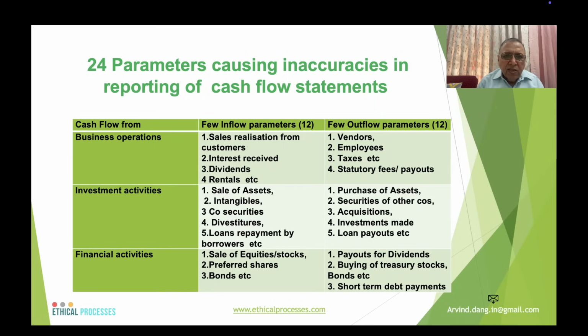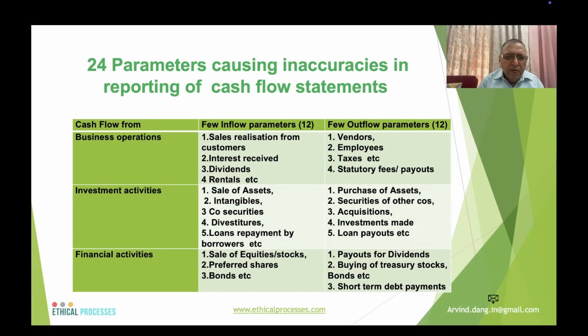The inflow parameters are sales realization from the customers, interest received, dividends received, and rental income, etc. Outflow parameters are payouts to vendors or employees or taxes or statutory fees and payouts, etc. Inflows from the investment activities are sale of assets, intangibles, company securities, divestitures, and loan repayments by borrowers. And outflows are purchase of assets, securities of other companies, acquisitions, investments made, and loan payouts.